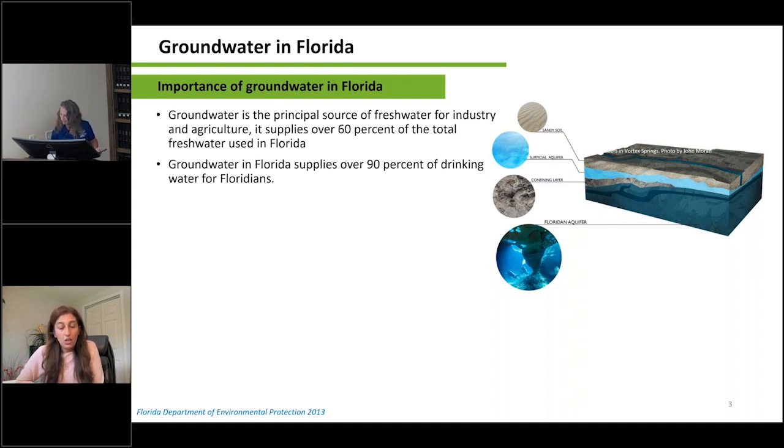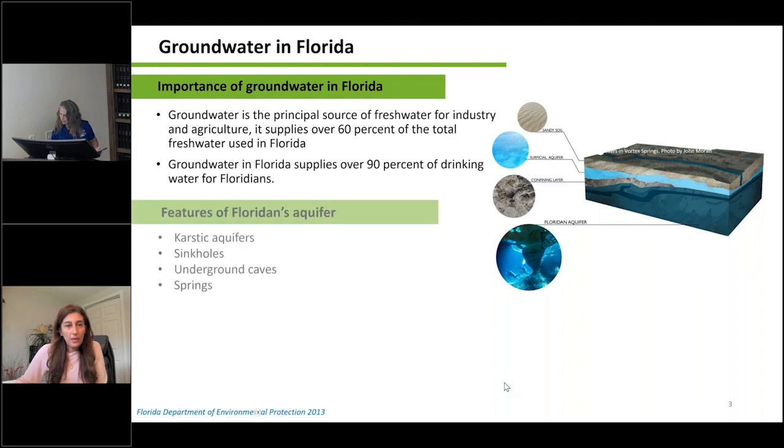If I want to name some features of the Floridan aquifer, as we call it, which is actually the largest and one of the oldest aquifers in the world, I can start with its karstic topography. Karst topography is usually used to describe a geological formation caused by the dissolving of soluble rocks.